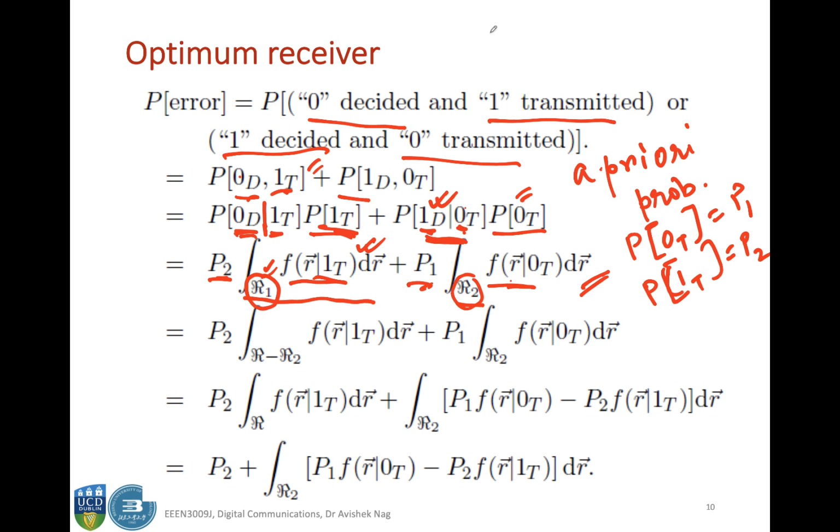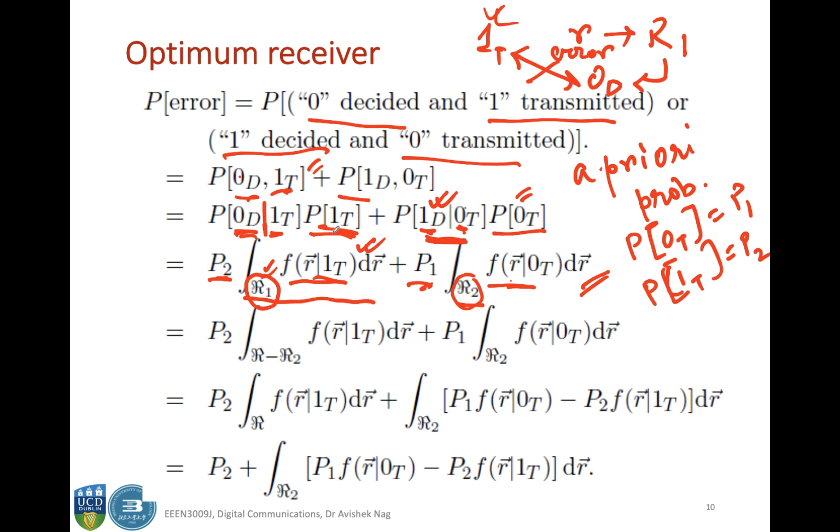So 1 was transmitted, and then your received signal R is falling in the region R1. Then you are deciding based on this that 0 was transmitted, but actually 1 was transmitted. So these two are mismatching, and therefore you are making an error.